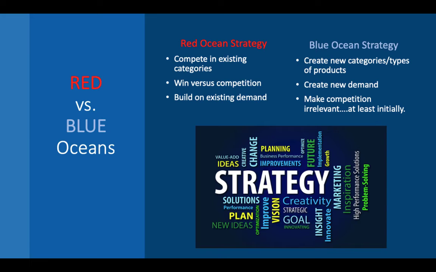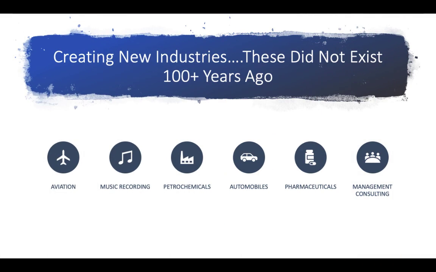And by that I mean, not in all cases is what you invent proprietary and leaves anyone else out of it. NetJets certainly was innovative, but Wheels Up and other people have entered that category too. But initially it is a way of creating new demand, and there's lots of advantages typically to companies who are first with something. So that's the difference between red and blue oceans.